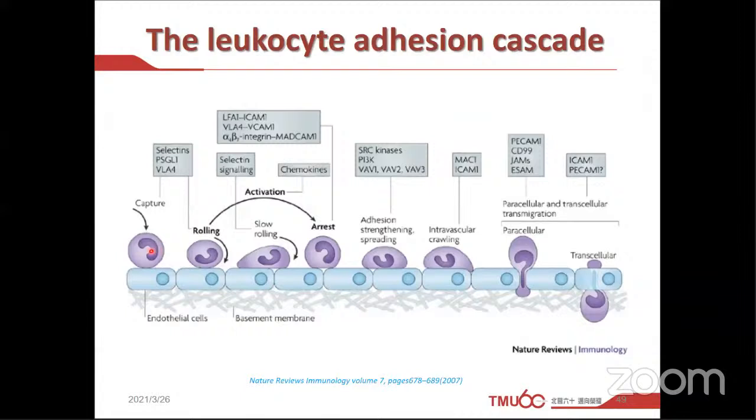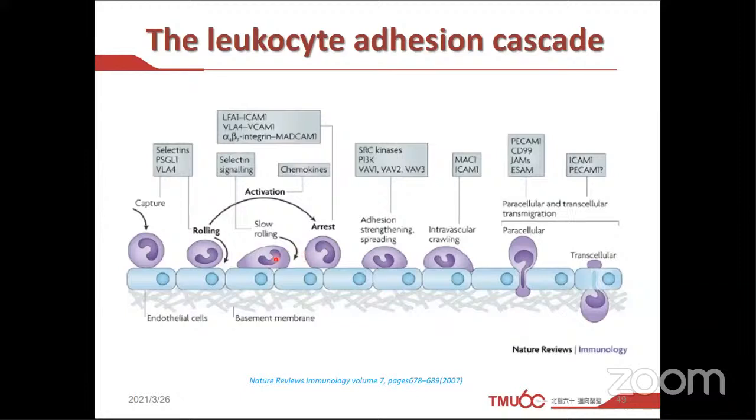They are going to express L-selectin, which mediates the first contact with the endothelial cells. They start tethering or capturing. Then we have fast rolling, mediated by P-selectin, another selectin molecule, and later on we upregulate E-selectin after stimulation by cytokines.